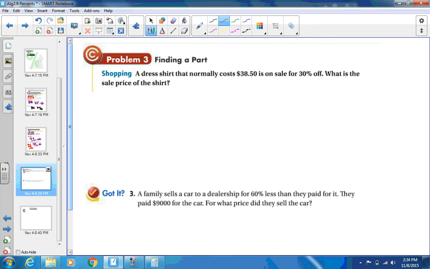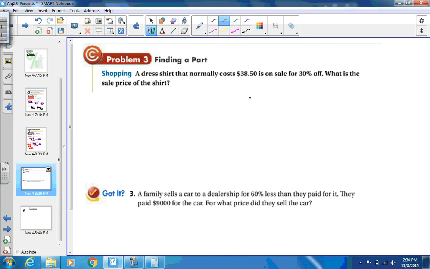Well, we maybe are, but we're trying to find the price of a shirt that's 30% off. So if you think about it, what percent of the original is the sale price going to be? If it's 30% off of the 100% original, then it's going to be 70% of the original.